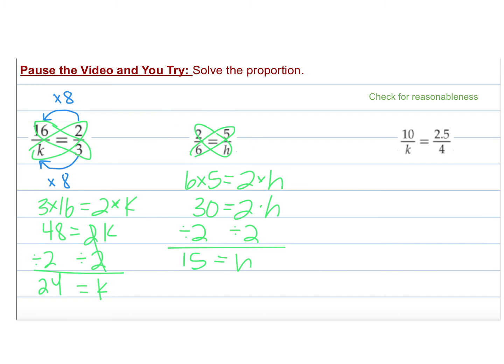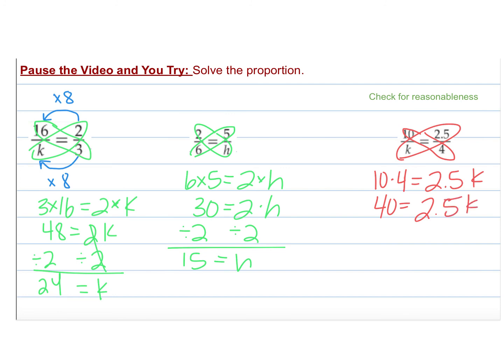Last one, cross products. We're going to do 10 times 4 and 2 and 5/10 times k. So this would be 40 equals 2 and 5/10 k. So now, because we are multiplying, we're going to do the opposite and divide both sides by 2 and 5/10.